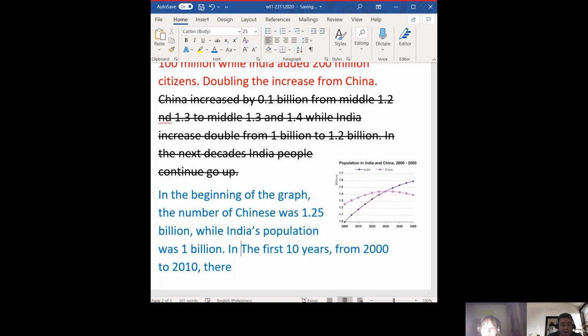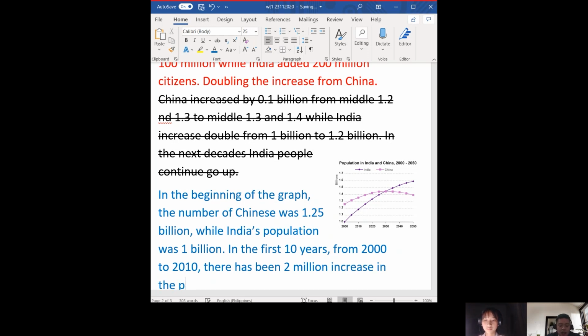So in the first 10 years from 2000 to 2010, there has been a 100 million increase in the population, in the count of the citizens in China, while how many in India?